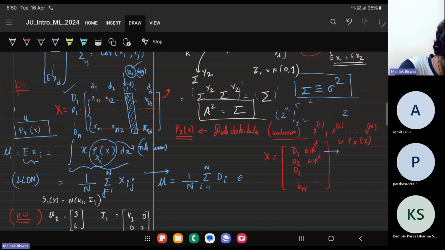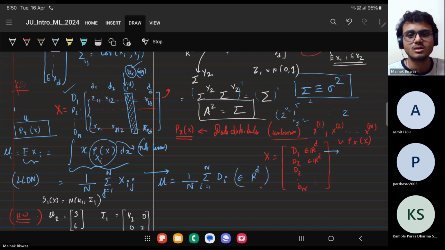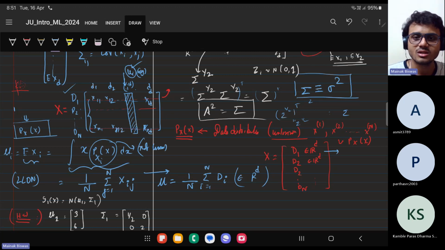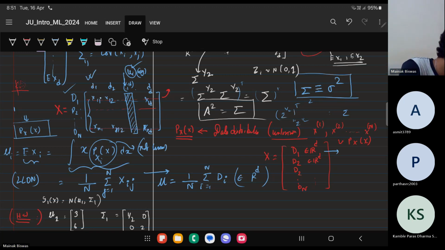They are all d-dimensional vectors, right? Is this clear? So all the features will have a mean. That is the mean of the features. From the data, you will have the mean of each feature from this matrix on the left. Each of the columns is all the features that you have, right?